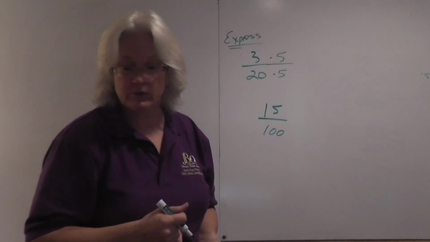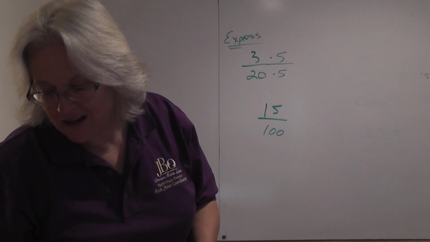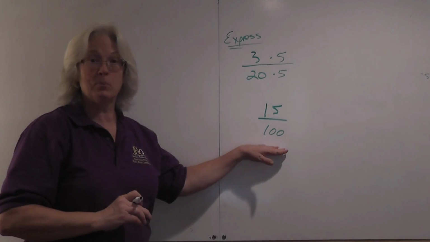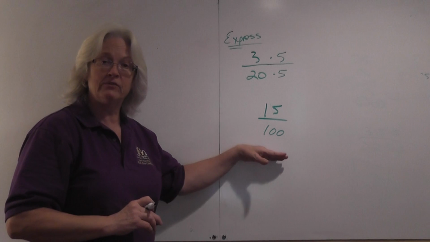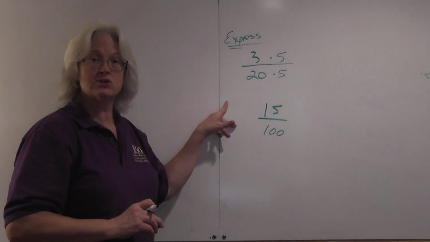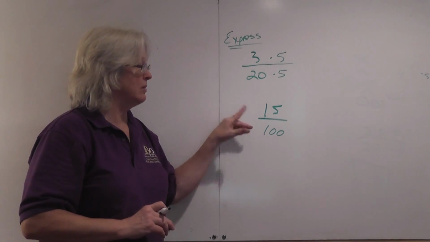No. Let's see what the problem tells you to do. It says, express 3/20 as a percent. This is not a percent. It's a way of describing a percent, but this is not a percent. This is a fraction over 100, or it's a ratio.